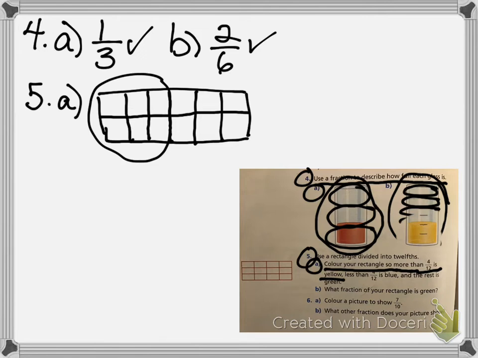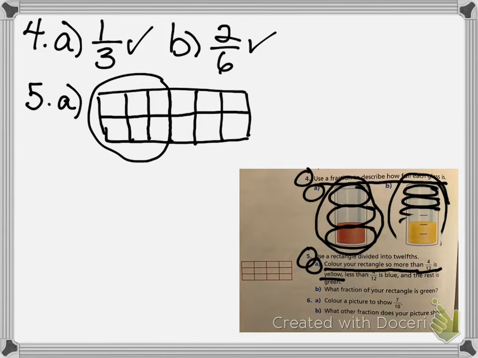Now, if you don't have yellow, you can make a different system for yourself. You can actually just write in, here, I'll show you. If you don't have yellow, you can do this. You can put the word or the letter Y for yellow, okay? But if you do have yellow, you can follow along with me this way.